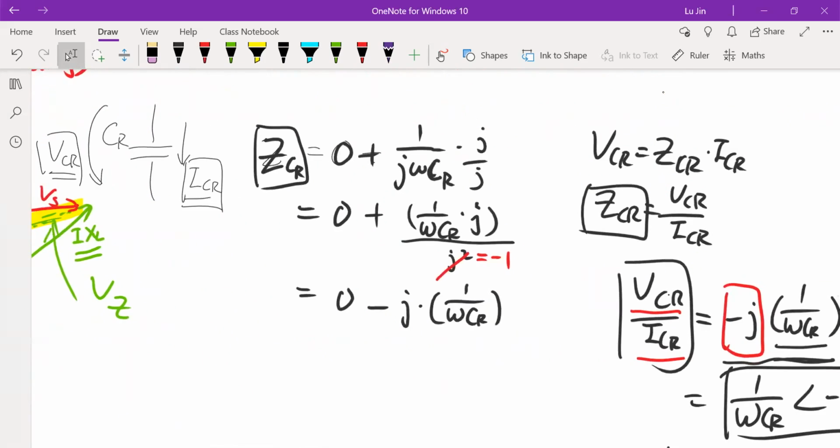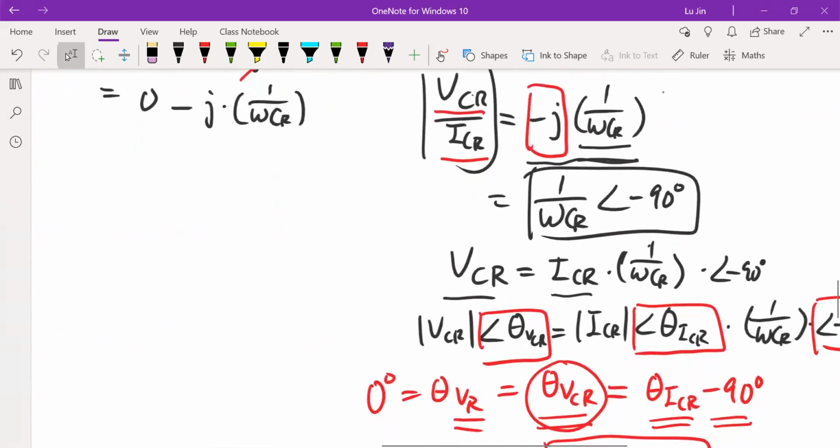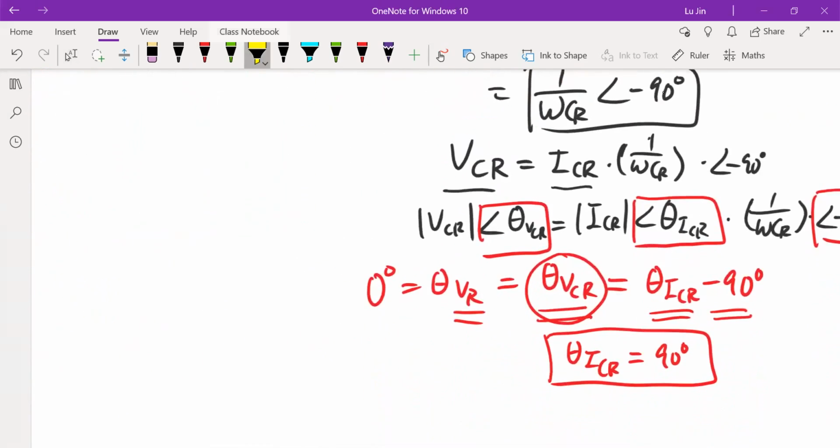Let's highlight this one. The voltage across a capacitor will be 90 degrees lagging than the current angle. But for the inductor or inductive stuff, the current will be 90 degrees lagging than the voltage across the inductor. Okay, so such information will be important.